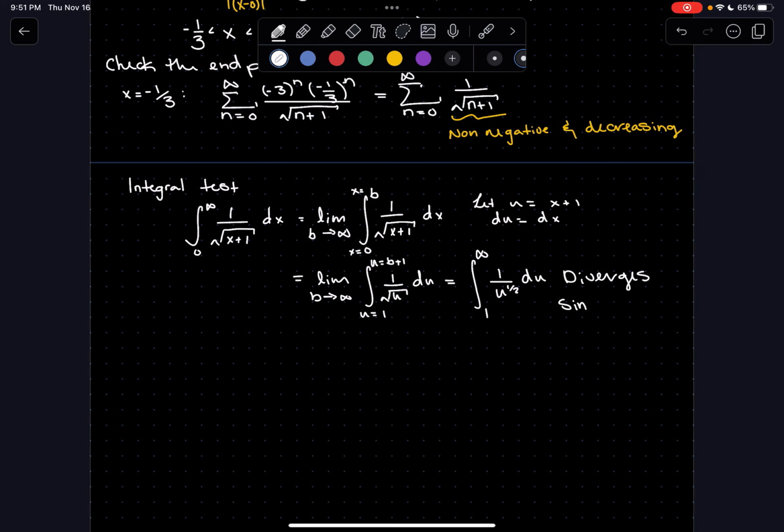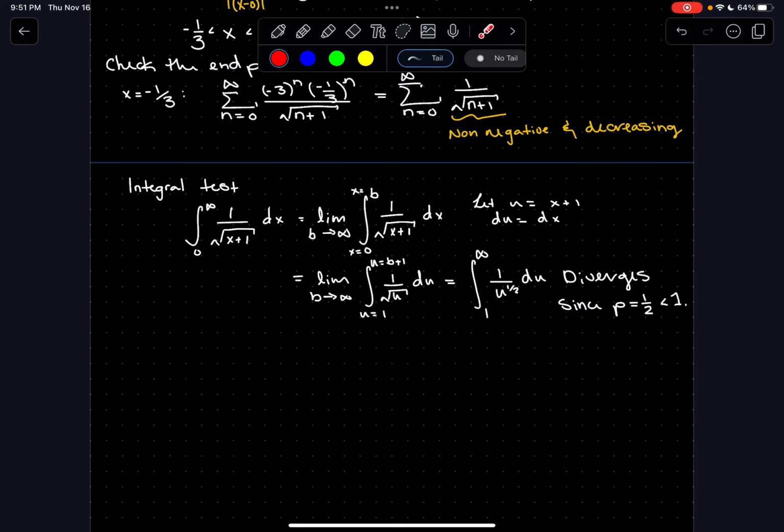Since p is equal to 1/2, and that's less than 1, by the p-series test this actually diverges. You could go through and calculate this explicitly and do the limit if you want, but if you just did this u substitution, you just get that it diverges by the p-series test.